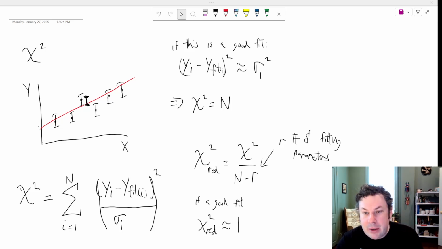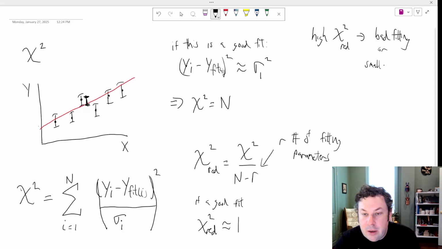So maybe I'll put that up here on the top right. A high reduced chi-squared can be either from bad fitting, which means the numerator is large, or small error bars, where the error is too small.